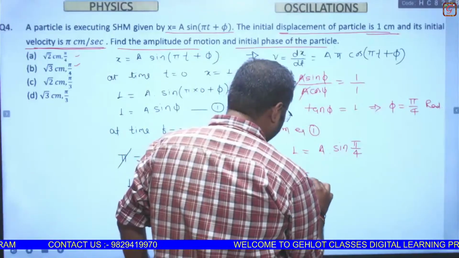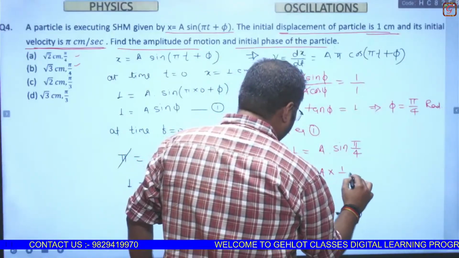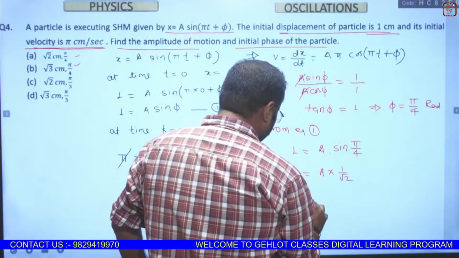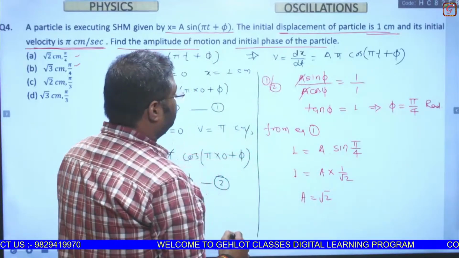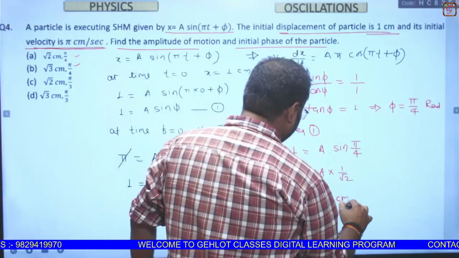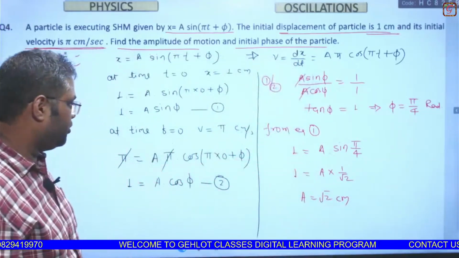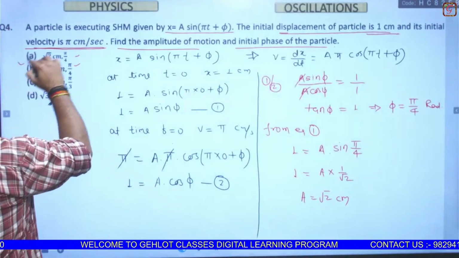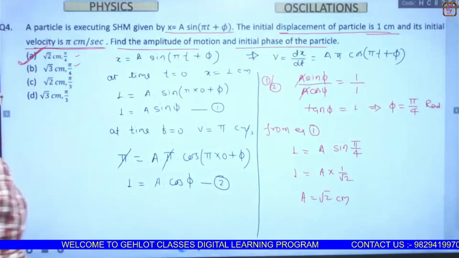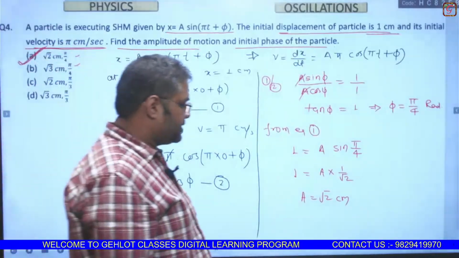So 1 is equal to a into 1 by root 2. So a will become root 2, and the unit will become centimeter. So the answer will be root 2 centimeter and pi by 4. So option A will be correct.